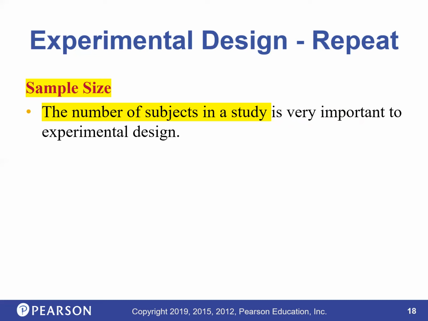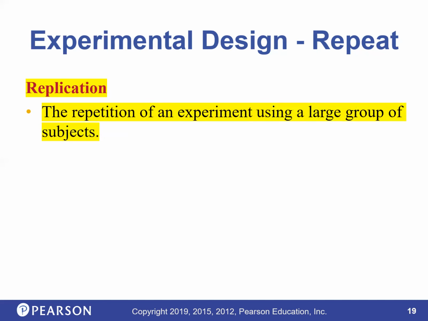So if you have only 3 people in the study, you most likely did not do enough talking to people to really warrant a good experiment. And then you can repeat the study. That's the other thing. Can you just repeat the study 3 or 4 or 5 times over? And if you're still getting the same results, then hey, that looks like it's happening. Okay. So sample size and replication, there it is.